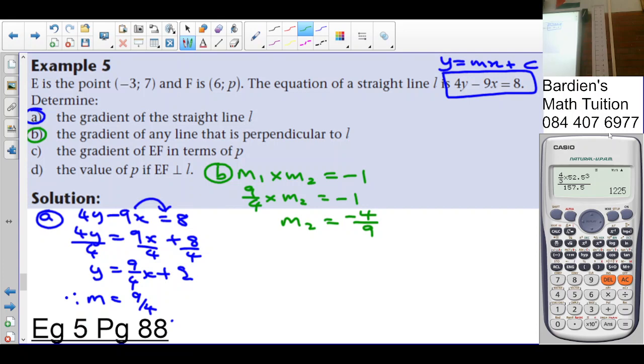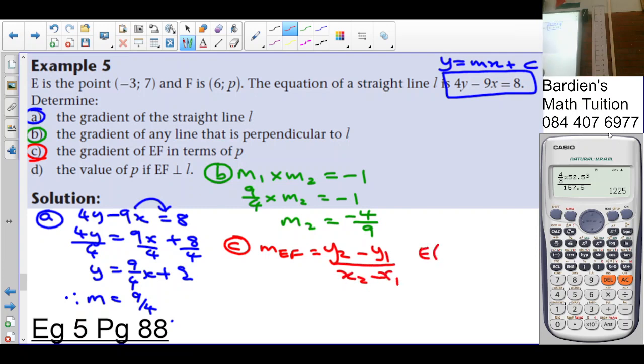So, in the next question we are told, what's the gradient of EF in terms of P? So how do you work out the gradient? y2 minus y1 over x2 minus x1.